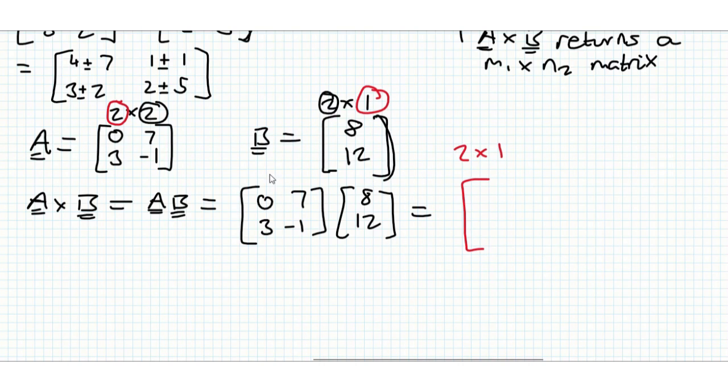So what we do is, for our matrix on the left, we work across the rows, and for our matrix on the right, we work down the column, and we perform dot products.